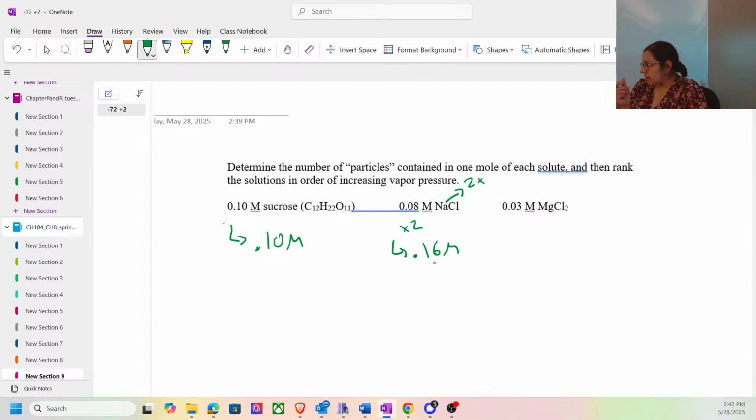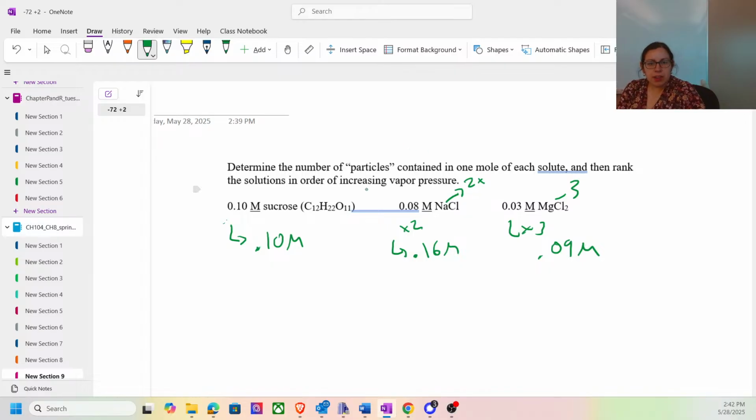Does that make sense? And then, so for the last one, magnesium chloride, how many particles does it dissolve into? Yeah, 3. And so now times 3, but then this is still the lowest solution at 0.09 molarity.